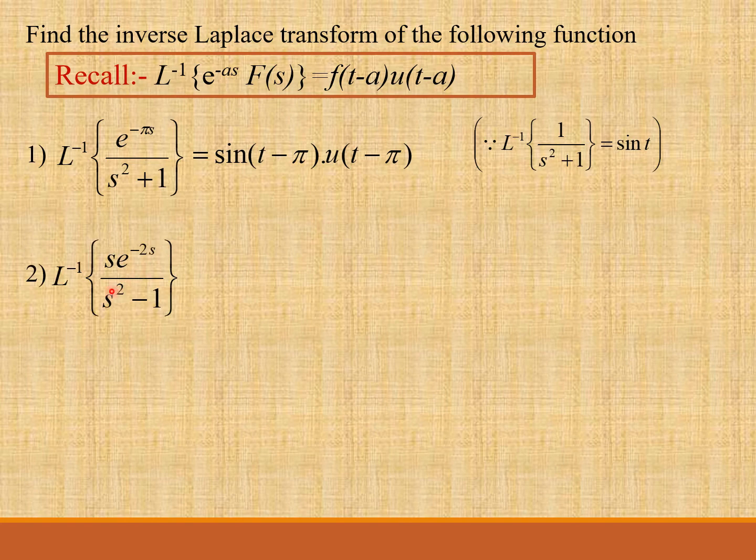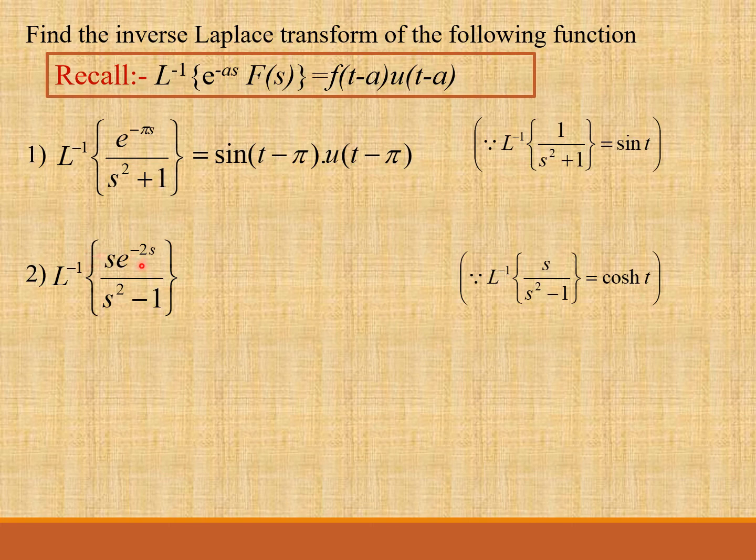Second example: we have to find out Laplace inverse of s into e raised to power minus 2s upon s square minus 1. So here f of s is s upon s square minus 1, and Laplace inverse of s upon s square minus 1 is cos ht.